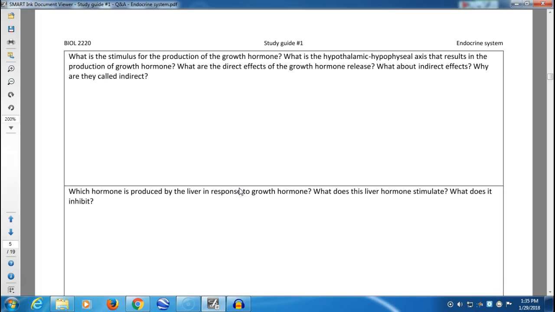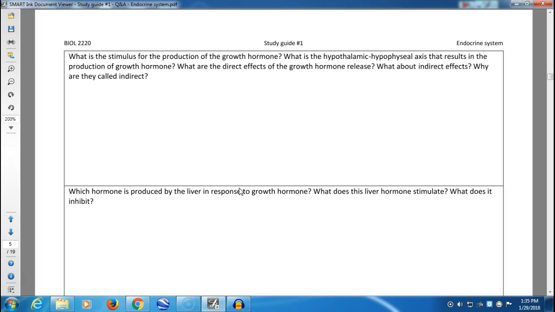Why are those effects called indirect? What are they mediated by? Liver. What other hormone does the liver produce? IGF, insulin-like growth factors.